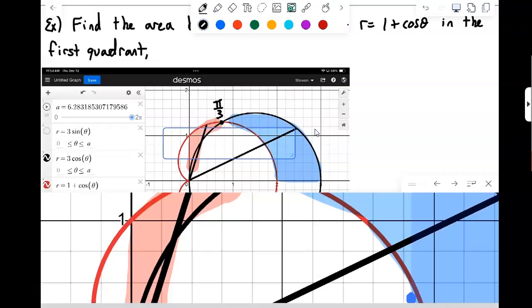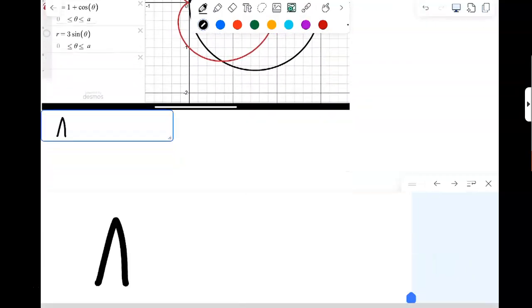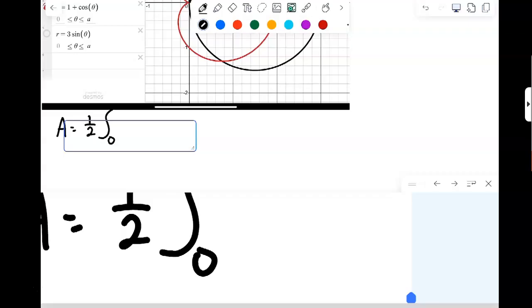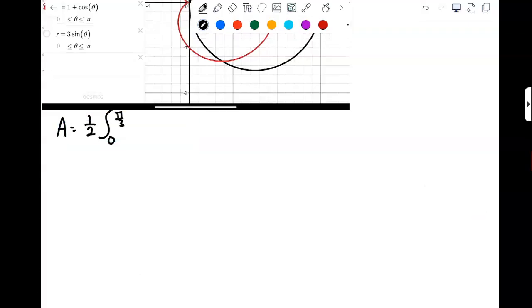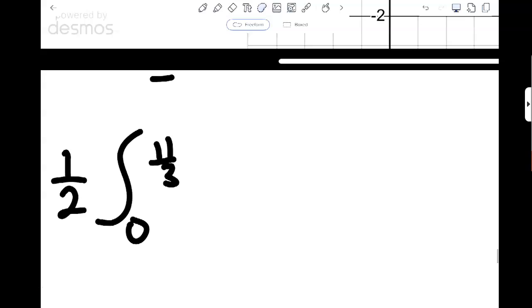So setting up our formula, area would be 1/2, right? Integral 0 to pi over 3. And let me just fix that. That's not quite what I wanted. Make that look a little nicer.